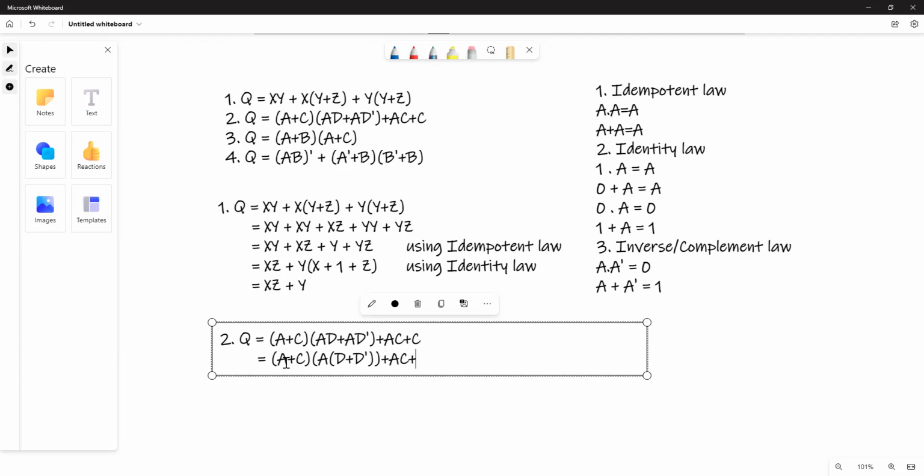Plus AC plus C. From the laws, we know that D plus D bar, like A plus A bar, because this is Boolean, again, that becomes 1, isn't it? So we will take A plus C. Then this will be simplified to A plus AC plus C.